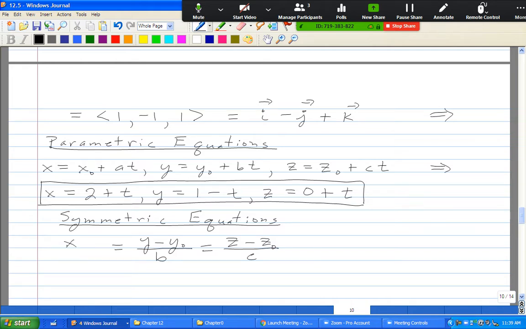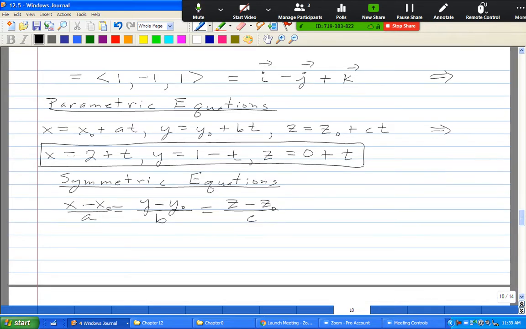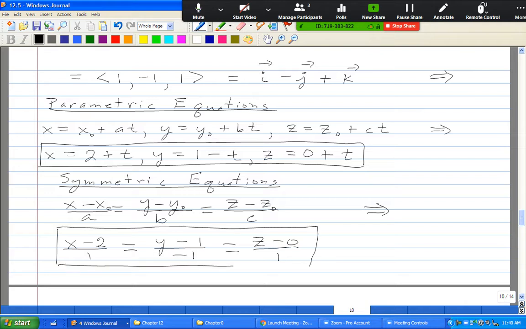You can think of this as just solve for t. And so I have x minus 2 over 1 is equal to y minus 1 over negative 1 is equal to z minus 0 over 1. And those are our symmetric equations for this line.